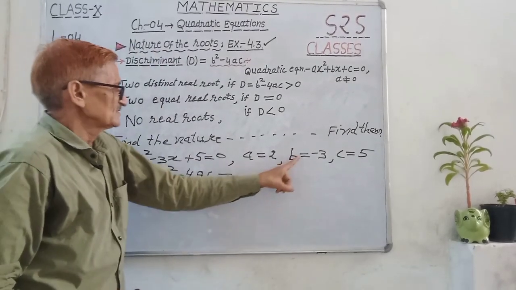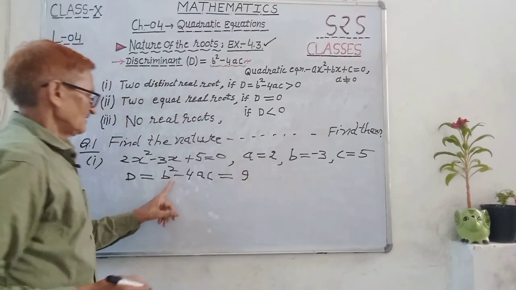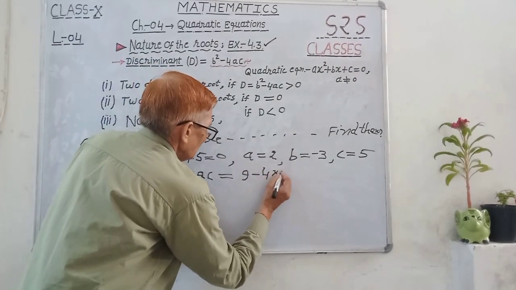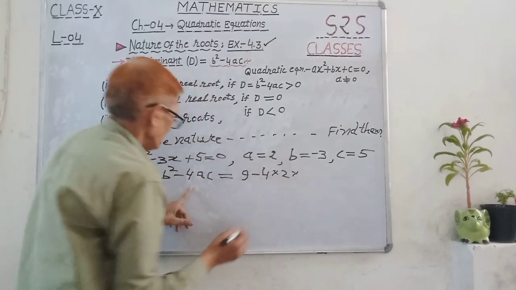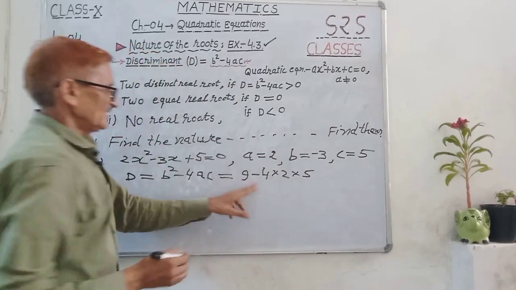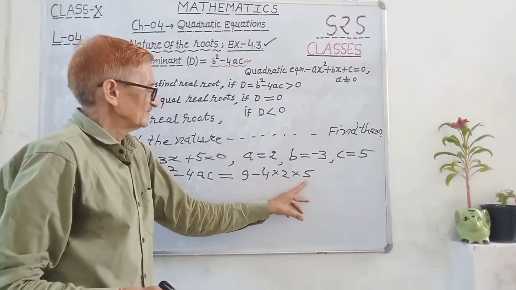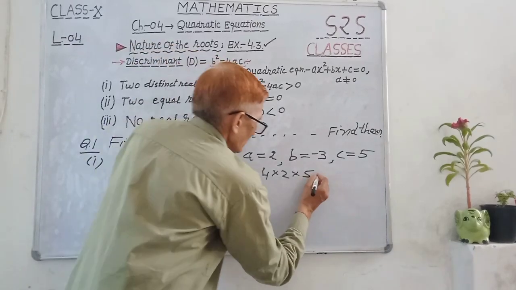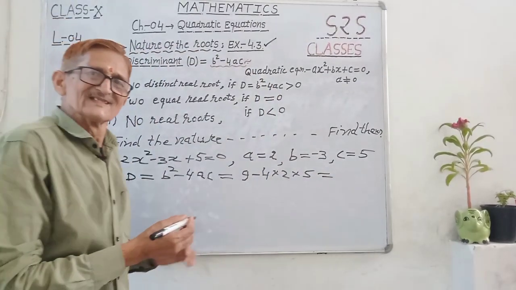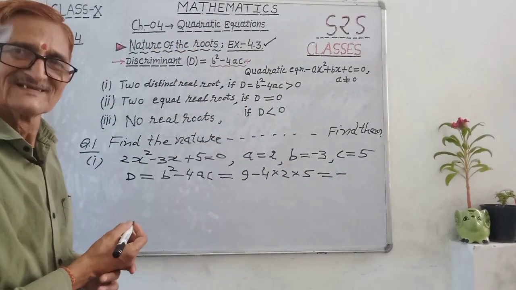Calculate this, then put the values of a, b, c here. b square means minus 3 whole square, that is 9, minus 4 into a is 2 into c is 5. Then 4 2s are 8, 8 5s are 40. 9 minus 40, then minus 31.